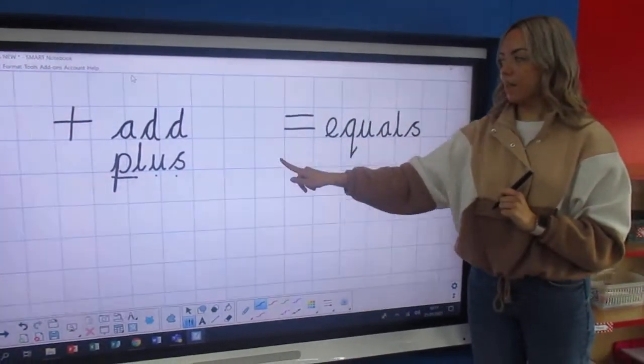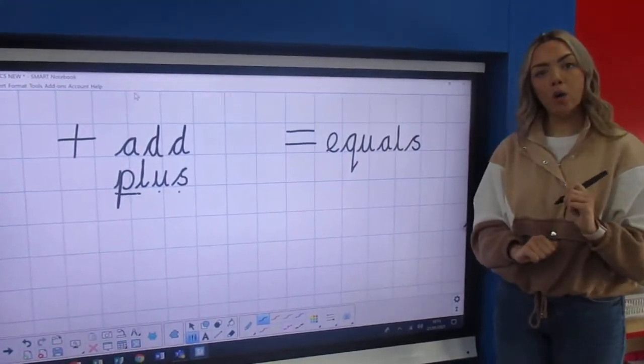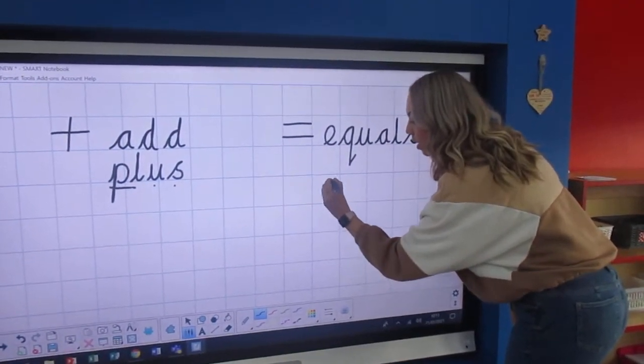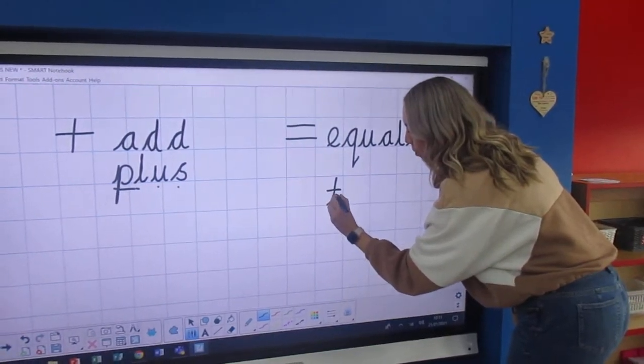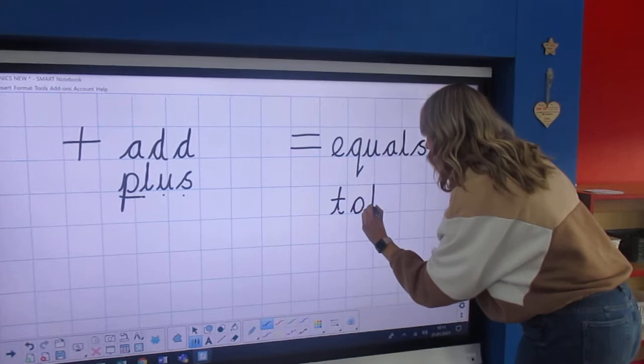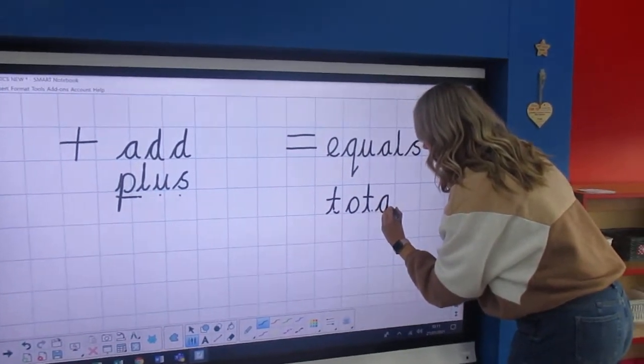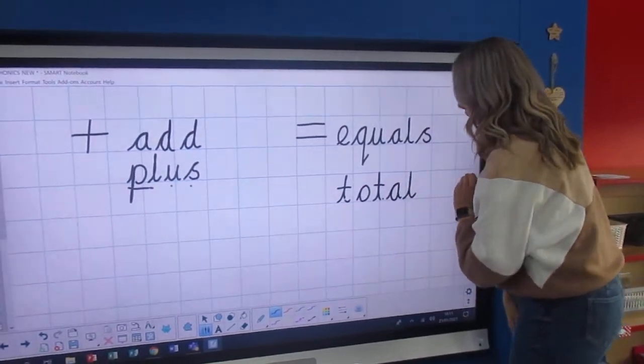So our symbol equals can mean equals or total, remember? So I want you to write this one on your whiteboard as well. Total, okay?